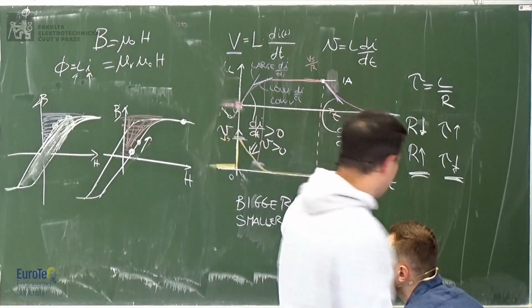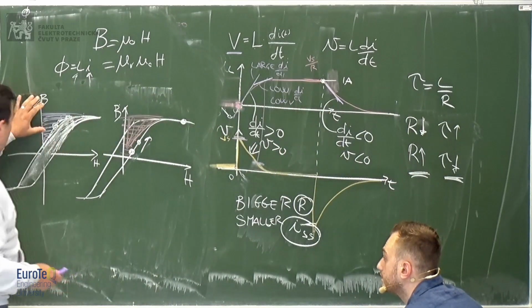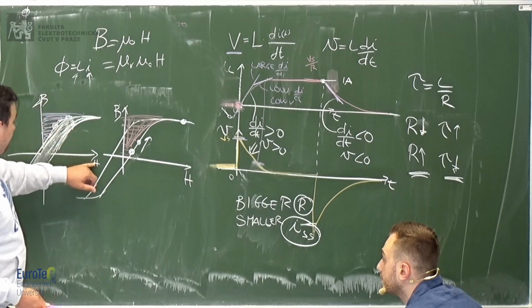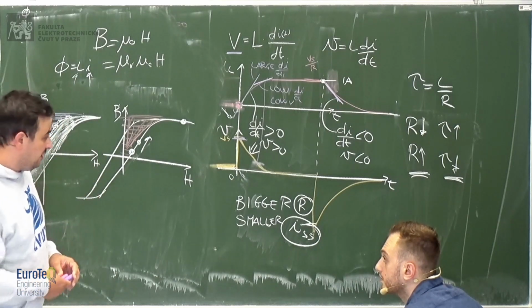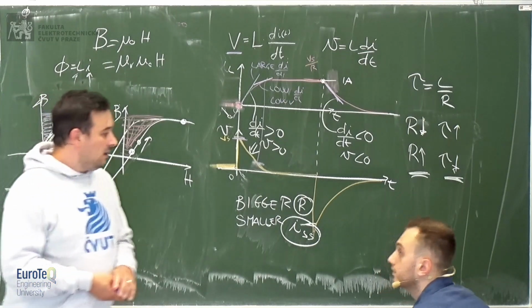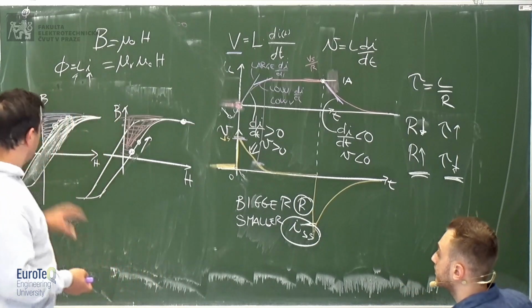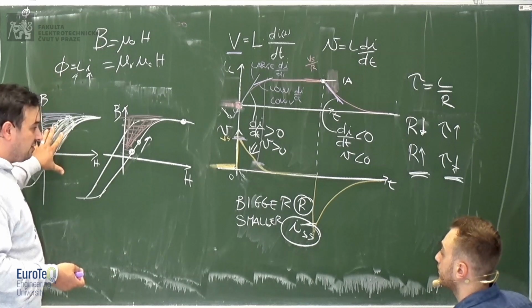You can see it also from the energetic point of view, because if you multiply B and H, as a unit, you get energy per cubic meter, I think. So if you have a large BH loop, you have large losses.